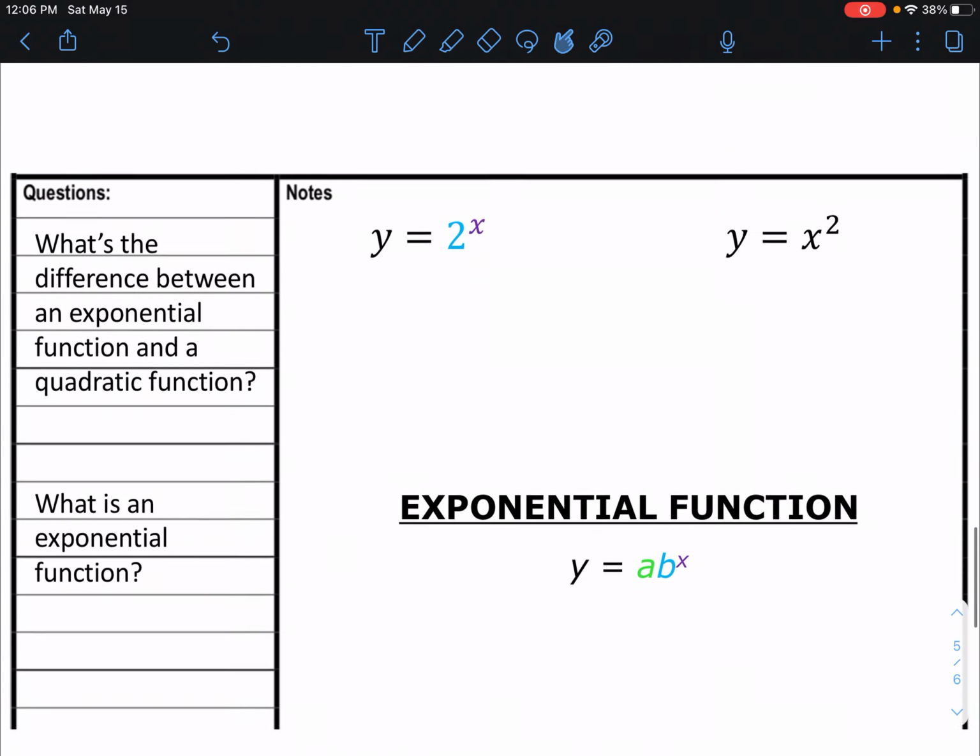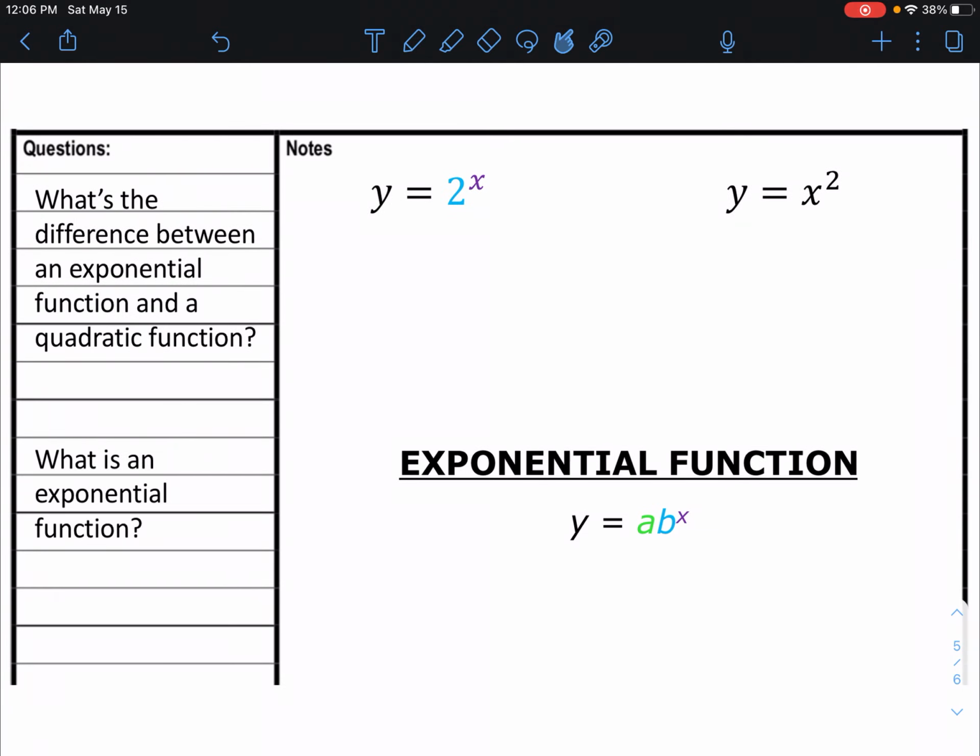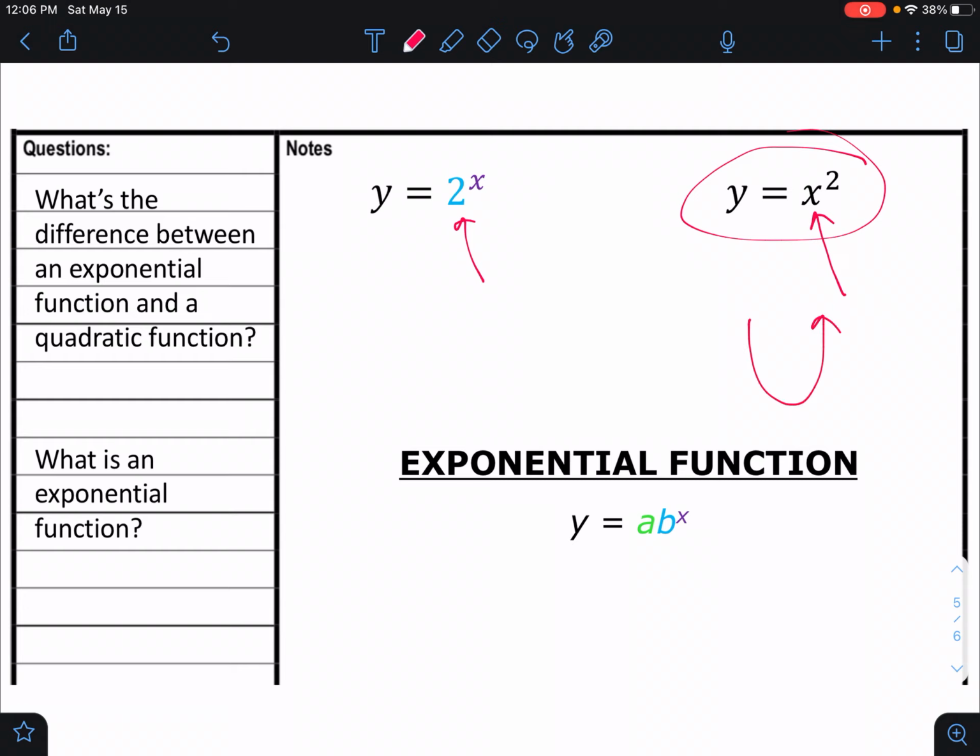Okay, so again, exponential function. We just talked about an exponential function like y equals 2 to the x. This function right here is a quadratic function, which you're familiar with, where the variable is in the base, not the exponent. So this is a quadratic function, and you know when you graph it, you get a parabola.